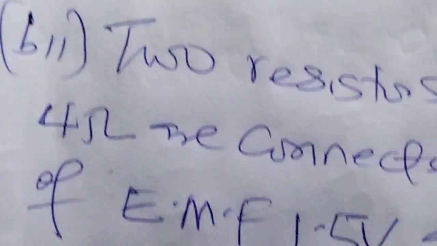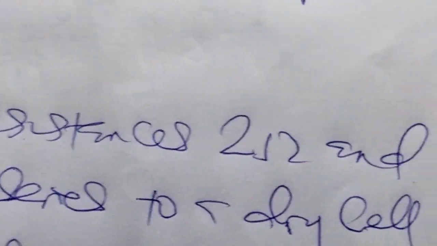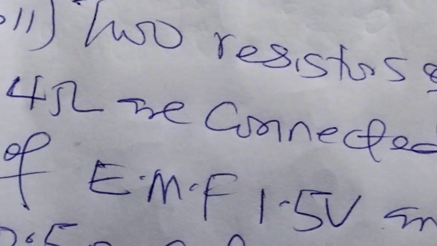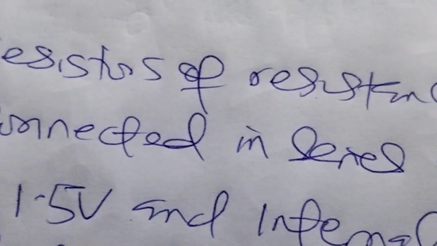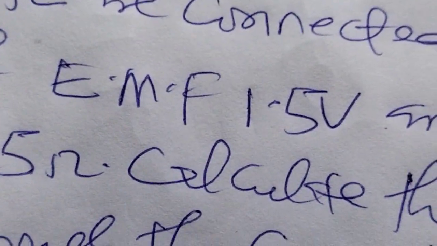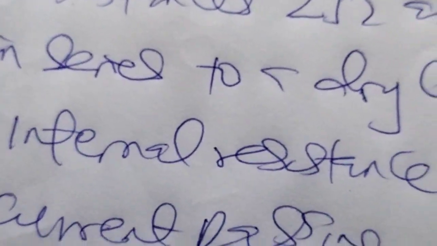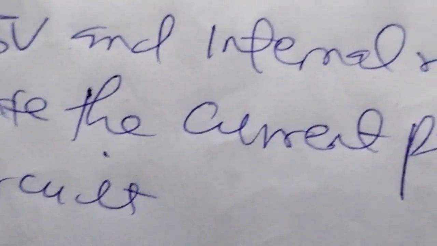B II, two resistors of resistances 2 ohms and 4 ohms are connected in series to a dry cell of EMF 1.5 volts and internal resistance 0.5 ohm. Calculate the current passing through the circuit.